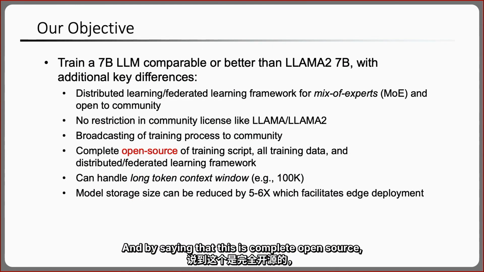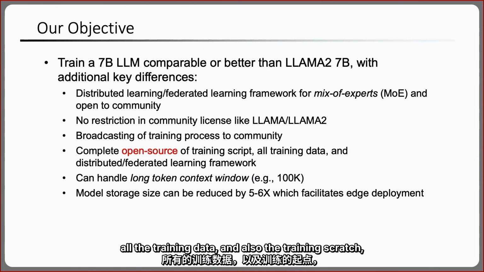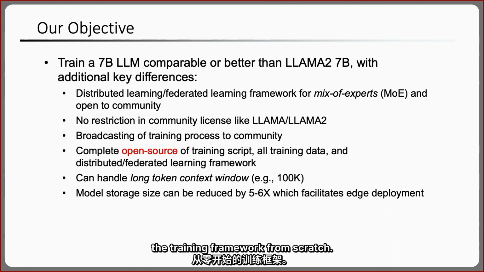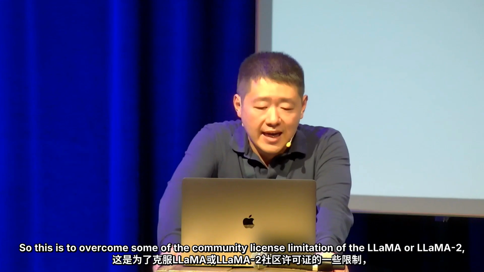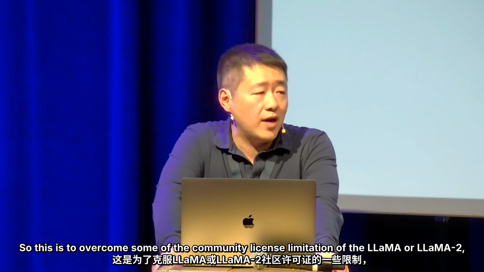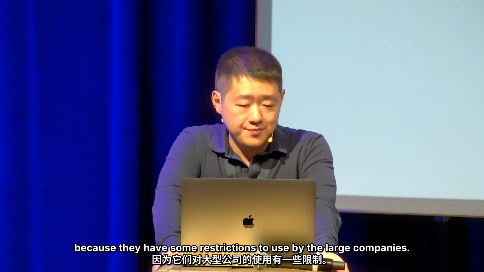By complete open source, it means not only the model structure, but also the whole training script, all the training data, and the training framework from scratch. This is to overcome some of the community license limitations of Llama or Llama 2, because they have restrictions on use by large companies.